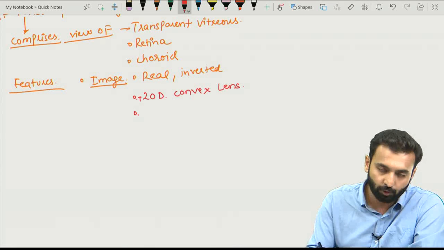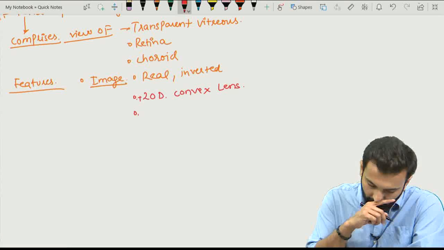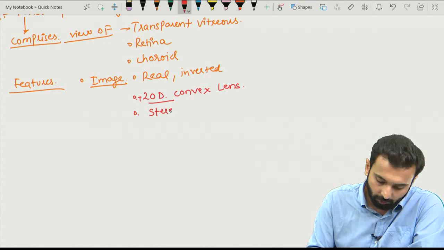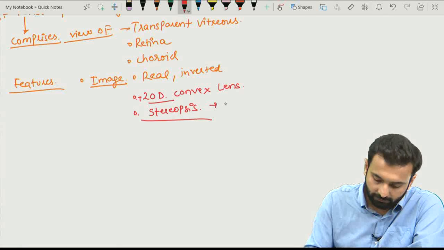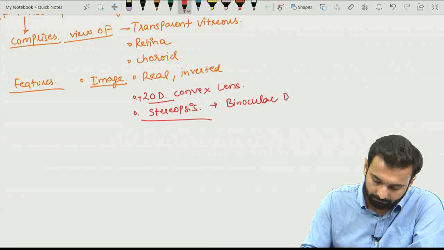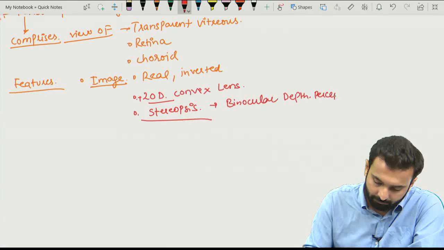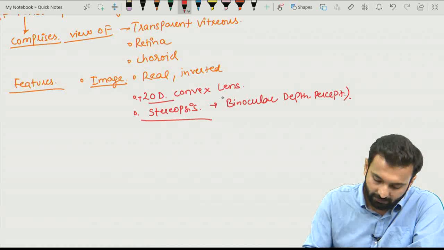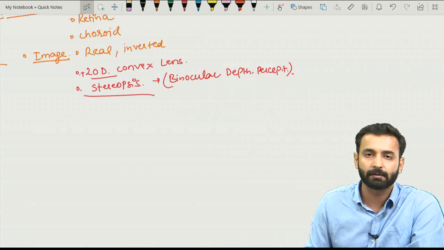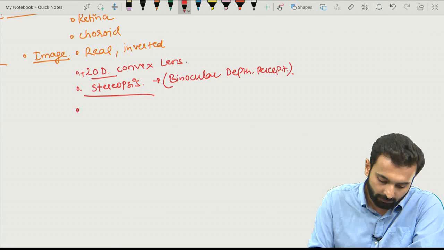What are the advantages of indirect over the direct ophthalmoscopy? It has an advantage of stereopsis. Stereopsis is binocular depth perception. The examining doctor will have depth perception in indirect ophthalmoscopy, which is absent in direct ophthalmoscopy, right?